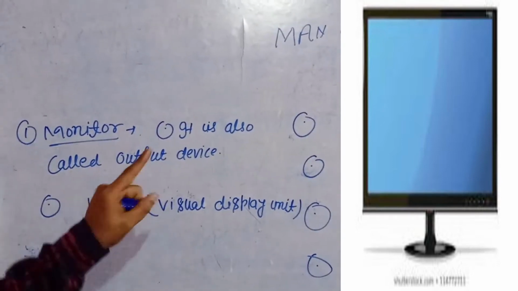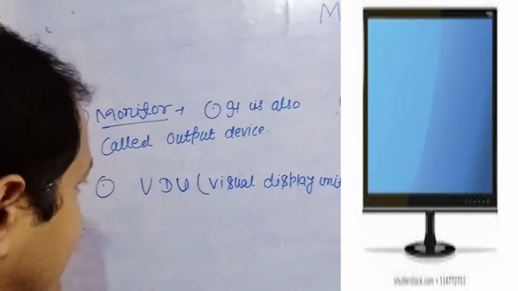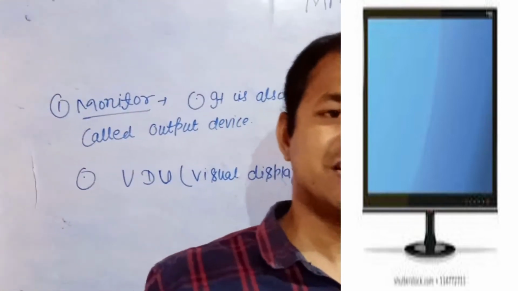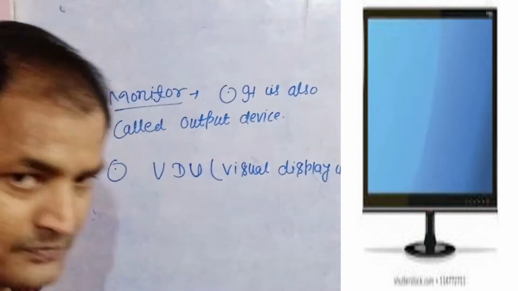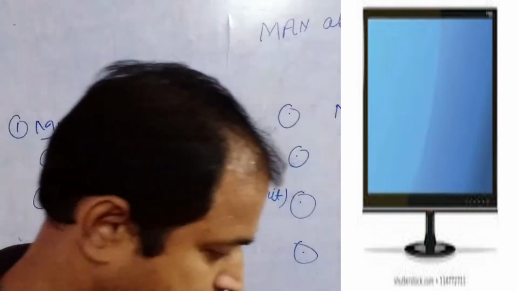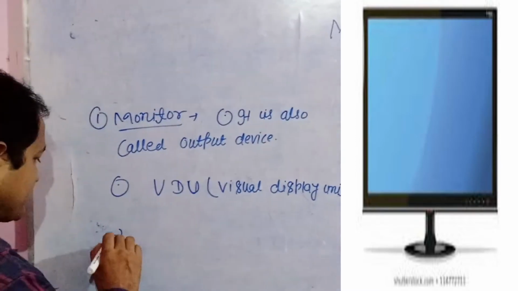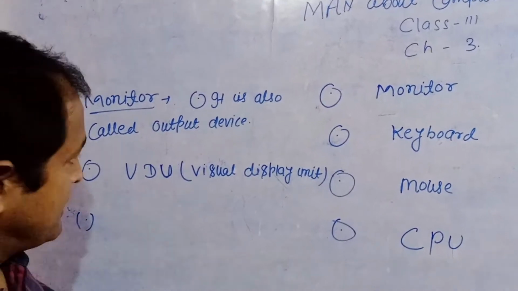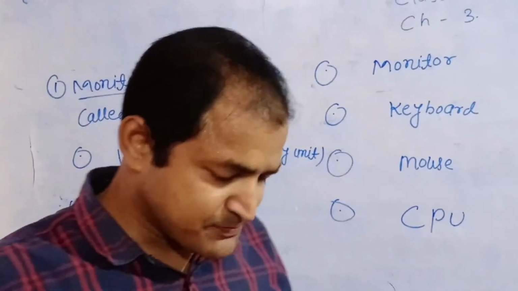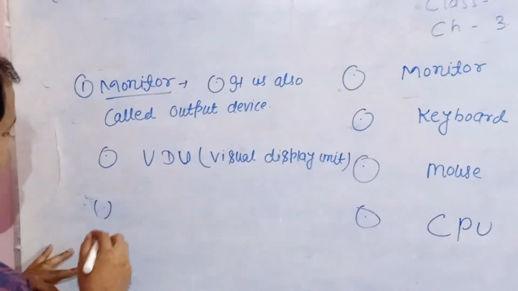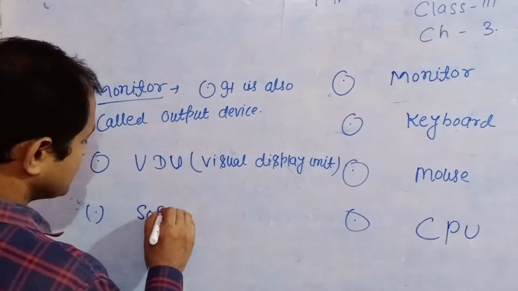First, the monitor is also called an output device. Second, this monitor is called VDU, Visual Display Unit. And the third point, this monitor is also called the soft output.